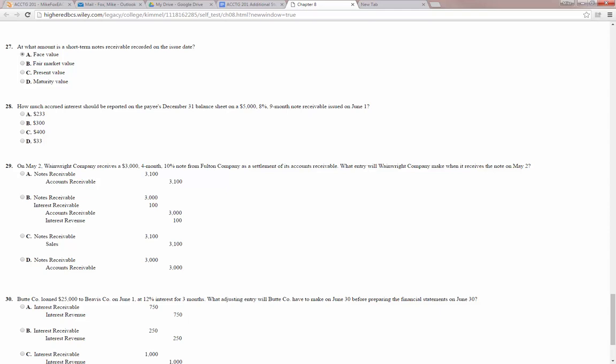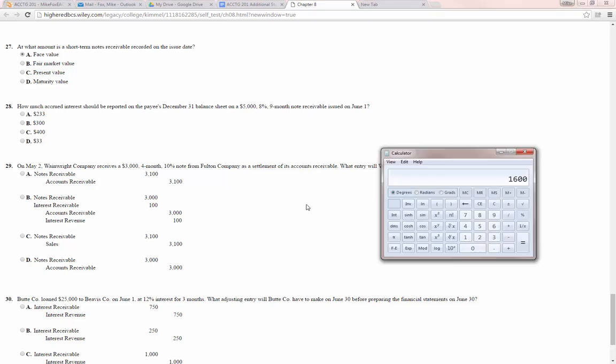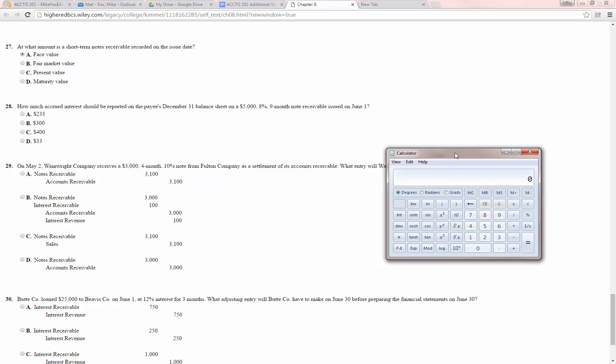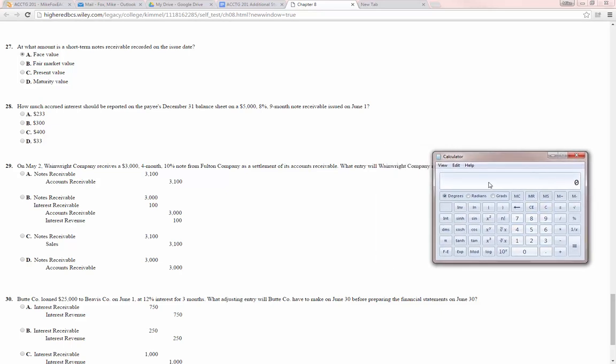Okay, so the easiest way to figure this out, for me anyway, is to figure out what the monthly interest is. So you take the face amount, that's the principal, times the rate, I'm sorry, 8%. So that's $400 per year in interest. If I divide that by 12, that gives me the monthly interest amount.